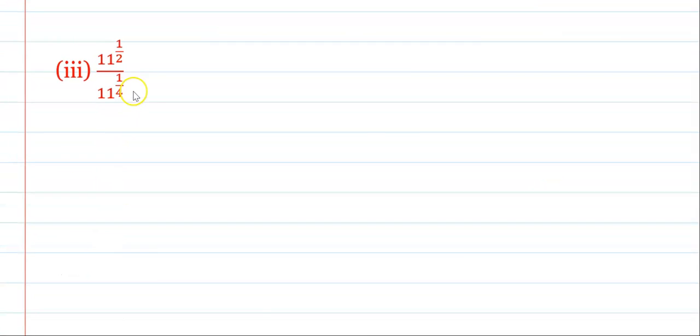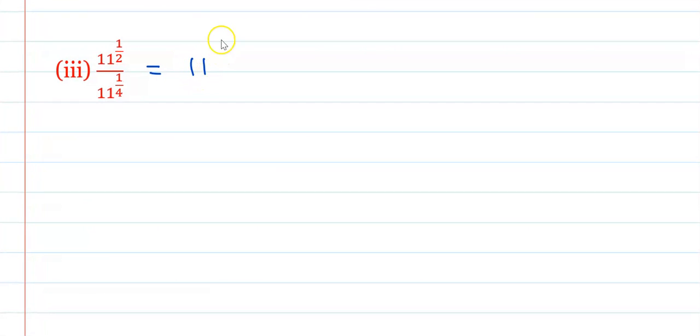Now the next example, division. Okay, 11 raised to 1 upon 2, divided by 11 raised to 1 by 4. Bases are the same, and the sign between them is division. Therefore, we will subtract: 1 upon 2 minus 1 by 4. Now the cross multiplication. Overall, it will be 1 by 4. Now see this again.